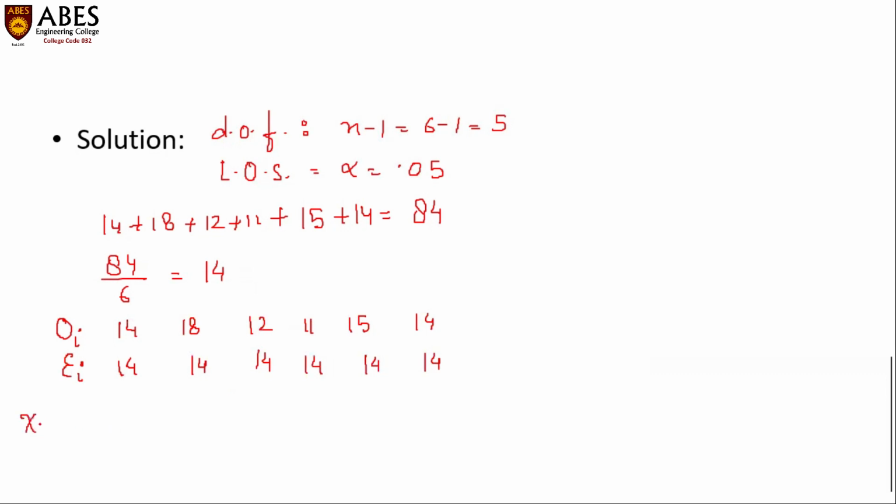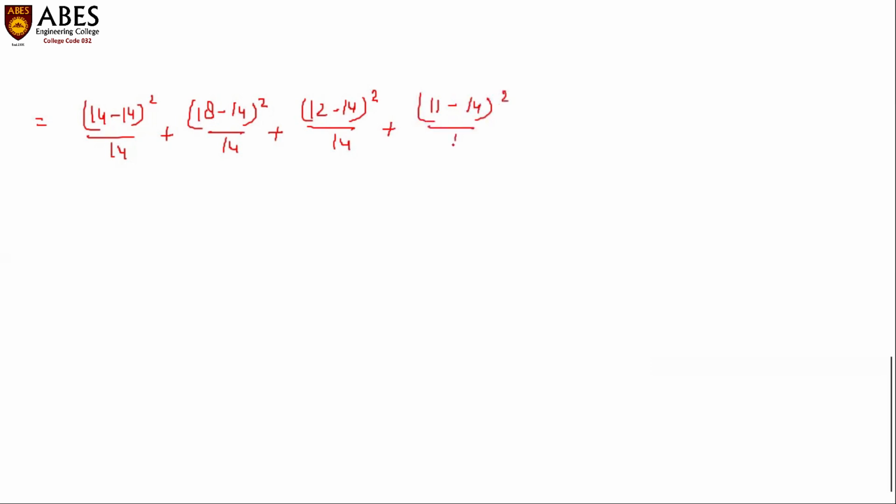And therefore, chi-square statistics, which is equal to summation of (Oi minus Ei) whole square upon Ei, will be equal to (14 minus 14) whole square upon 14 plus (18 minus 14) whole square upon 14 plus (12 minus 14) whole square upon 14 plus (11 minus 14) whole square upon 14 plus (15 minus 14) whole square upon 14 plus (14 minus 14) whole square upon 14.